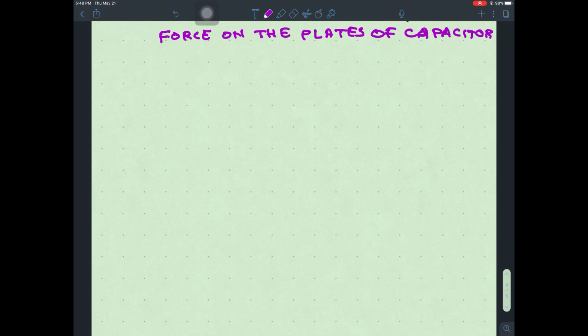So see it very carefully. It is very important to understand the meaning and the concept behind it, because the force is very important for you to understand this concept. So I am drawing a parallel plate capacitor.